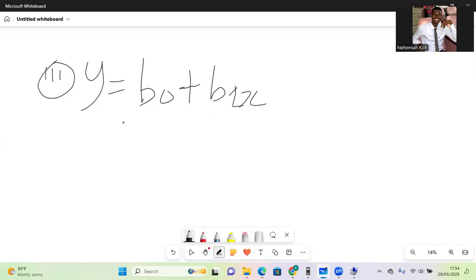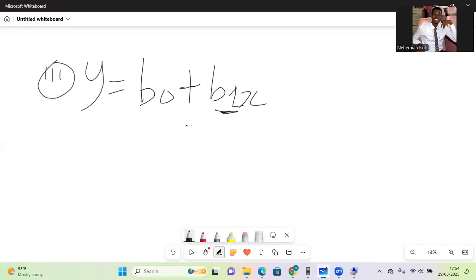Now, we have the dependent and independent variable here. Y is dependent on this, but X is standing alone. So we are trying to compute this B1, and it has its formula.